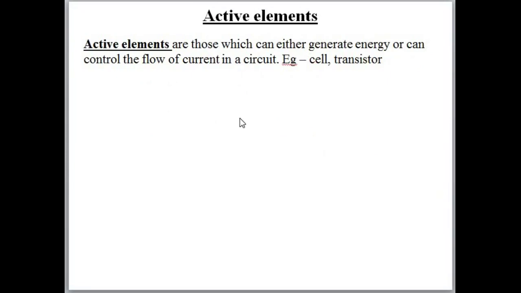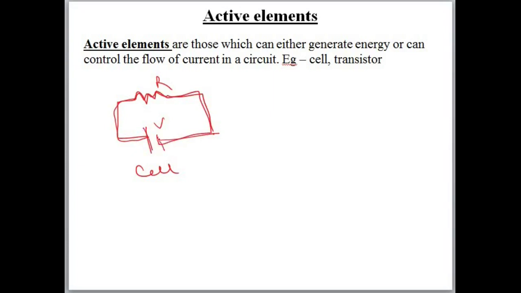Next we will see active elements. What are active elements? Active elements are those which can either generate energy or control the flow of current. Like your cell. What does a cell do?